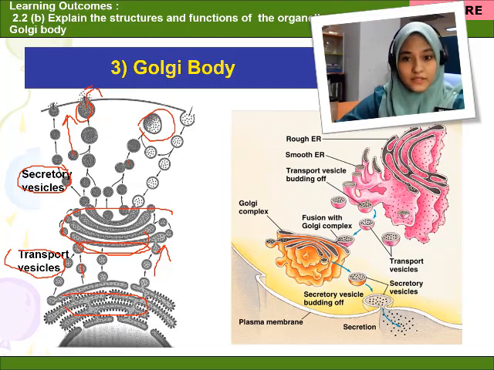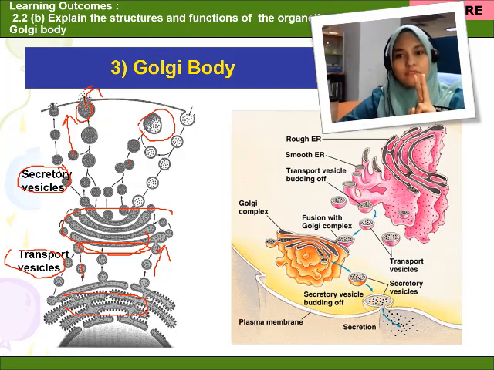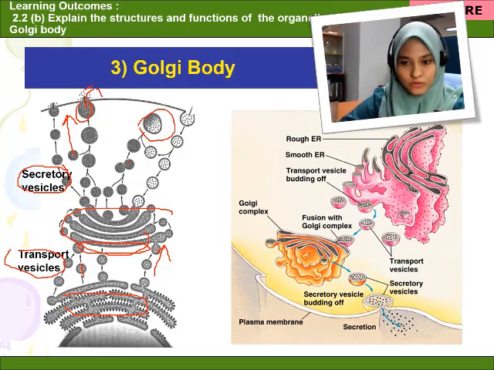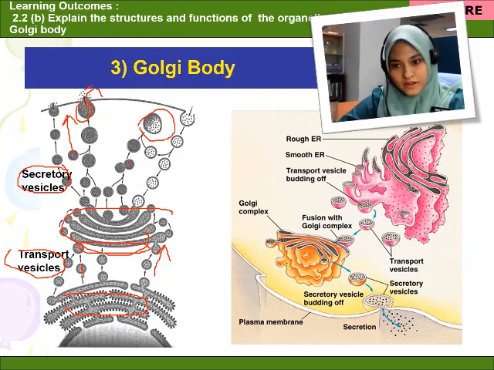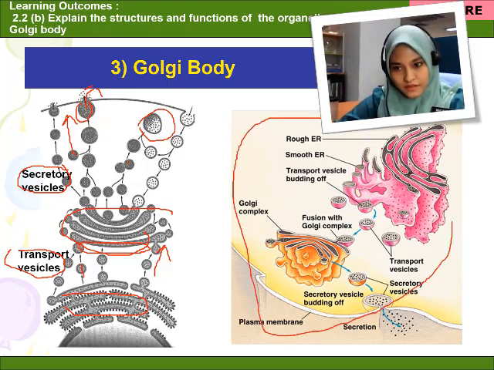Basically, the Golgi body has two functions. The first one is to process, modify, sort, package, and also transport protein. The second function of the Golgi body is to form lysosome. Here is another diagram where you can see it starts from the ER.